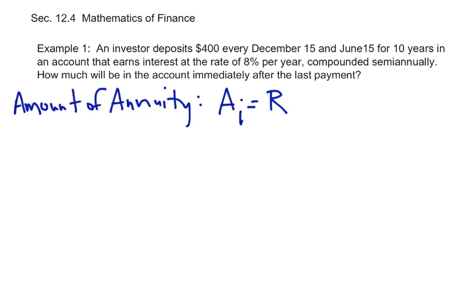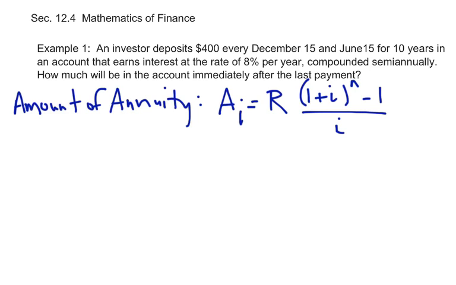That's how much gets deposited or how much gets paid out to the person. Times 1 plus I to the nth power, where I is the interest divided by the amount of compoundings, raised to the nth. N is the number of payments completely made, minus 1 all over I.